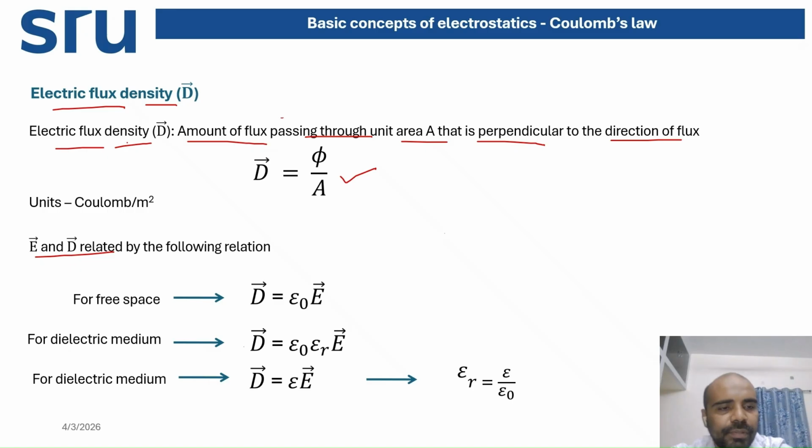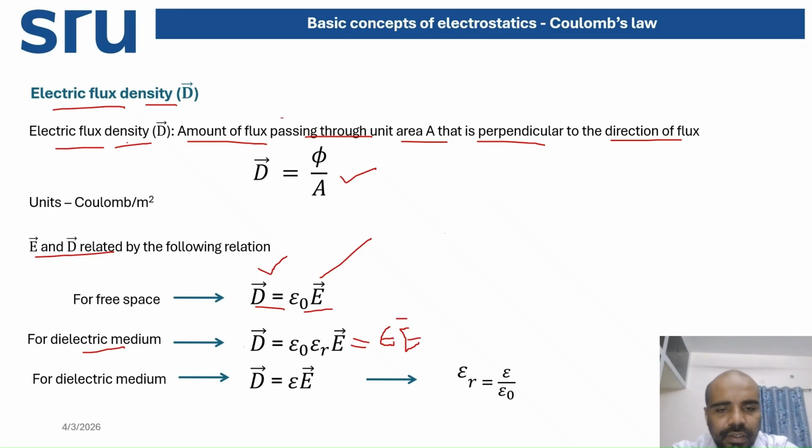Now we'll discuss the relationship between the electric field and the electric flux density, E and D. So for free space, D equal to epsilon naught into E, right? Where D and E both are vector quantities. So D is electrical flux density, which is equal to epsilon 0 E. E is the electric field. For dielectric medium, D is equal to epsilon E, or epsilon can be written as epsilon naught into epsilon R, right?